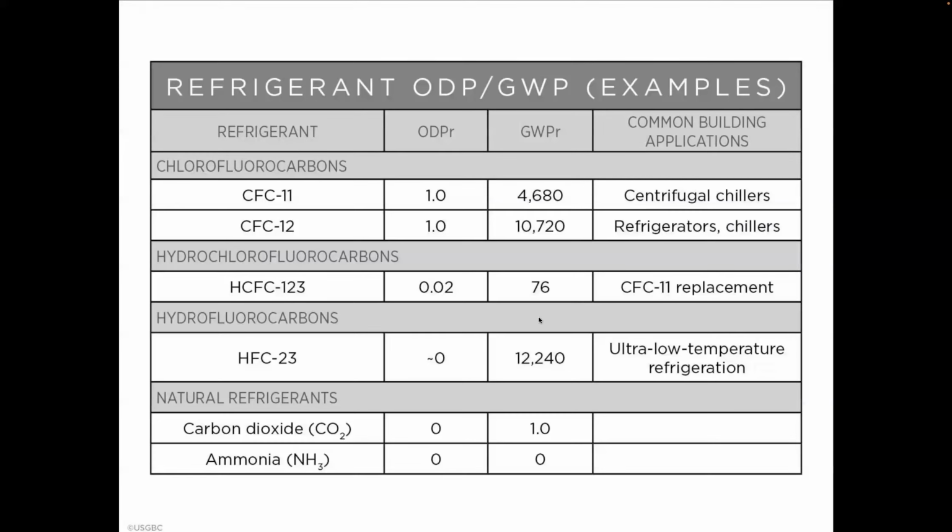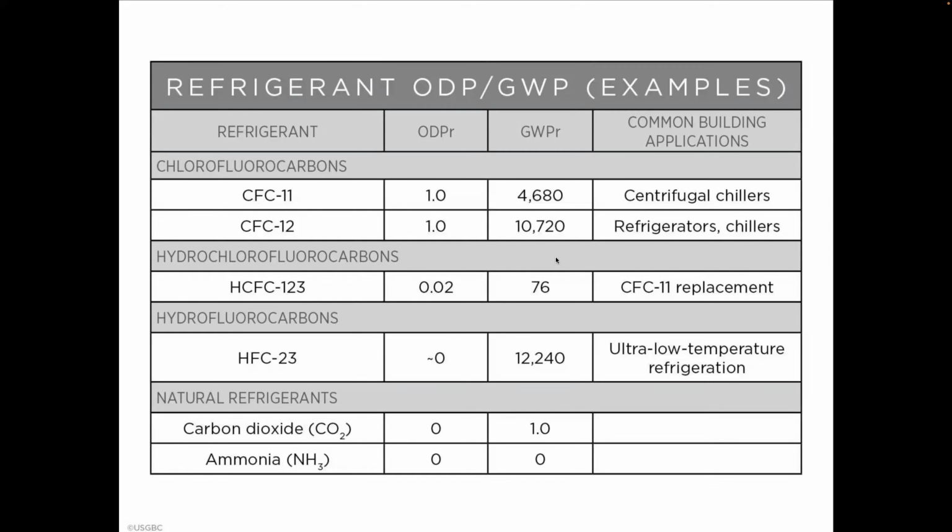There's a couple of things about refrigerants. Obviously, with the Montreal Protocol, we noticed that CFCs were destroying the ozone layer. The Montreal Protocol phased these out and replaced them with HCFCs and HFCs that have very low ozone-depleting potential.